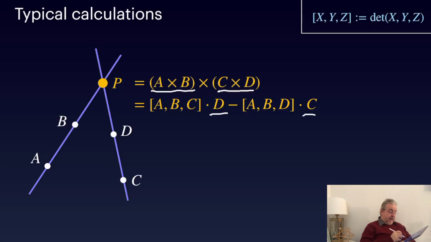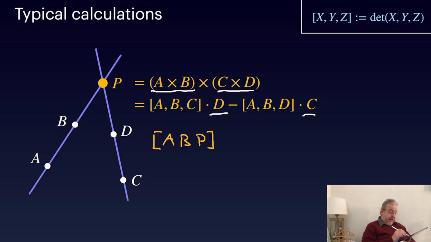For that, simply insert this point in a bracket with A and B and check if it is really 0.